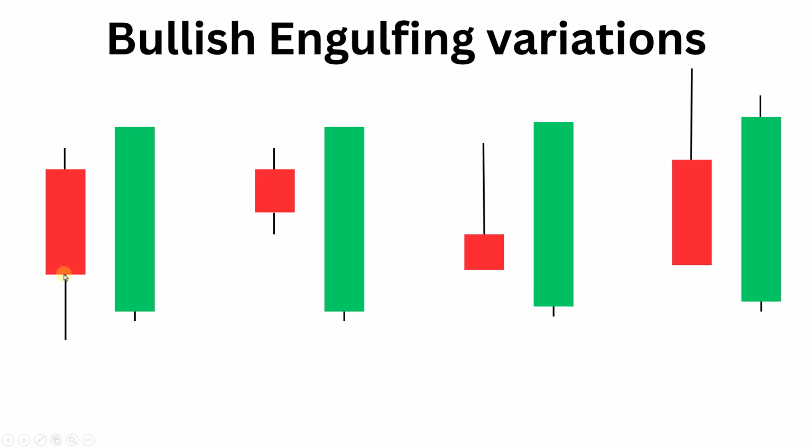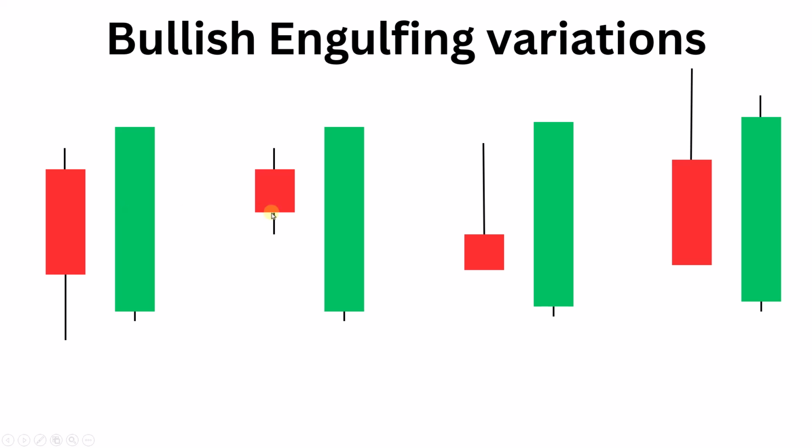But the wick of the red candle is outside the range of the wick of the green candle. Even then we consider this to be a bullish engulfing pattern. Here the wick is inside the body, this is fine, but here it is outside, and even then we consider it to be a bullish engulfing pattern.